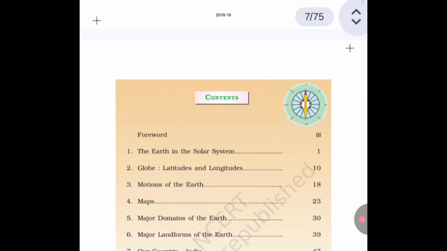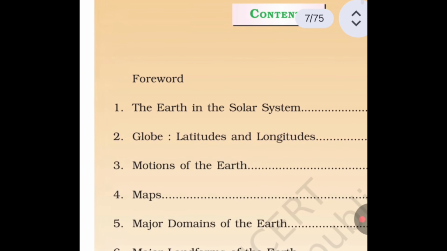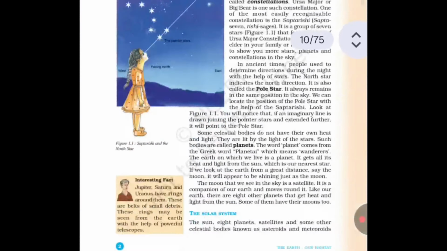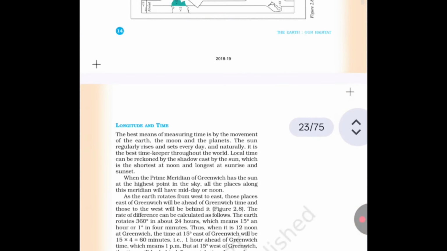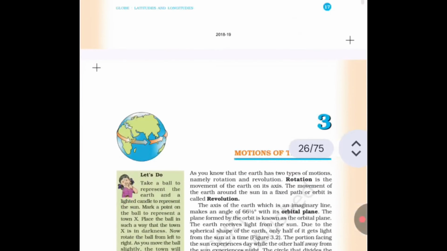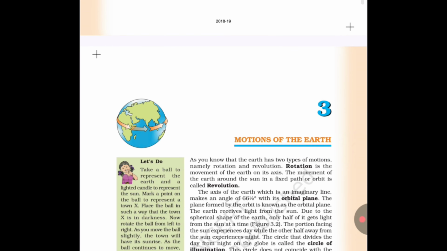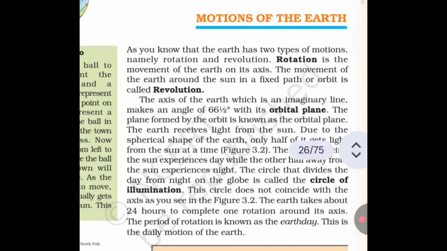So let's go through the pages first. As you can see, the third chapter is motions of the earth. Now let us see what is there in the chapter first. Here we get to see rotation, revolution, orbital planes, circle of illumination.